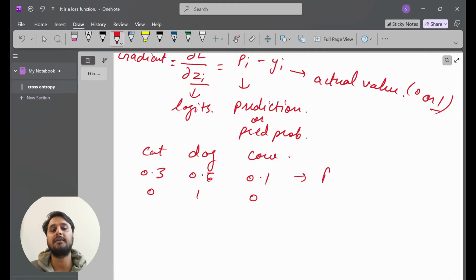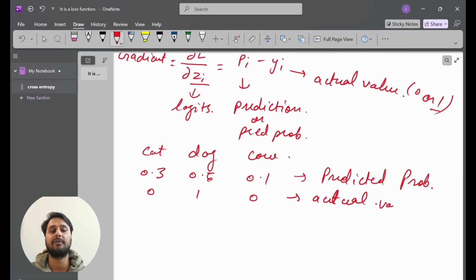These are the predicted probabilities, and these are the actual classes.